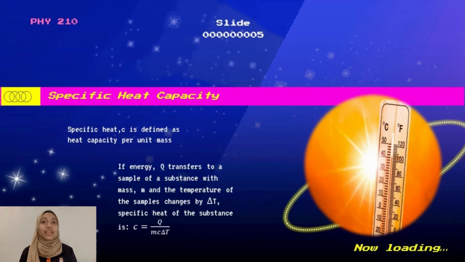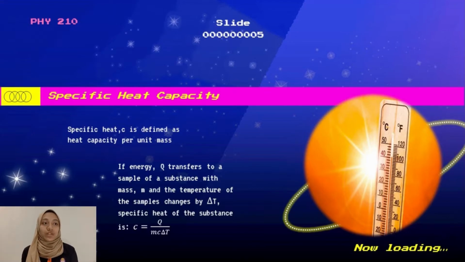Specific heat capacity is the amount of energy to raise 1 kilogram of an object by 1 degree Celsius. As you can see on the slide, the specific heat with the symbol c is defined as heat capacity per unit mass.